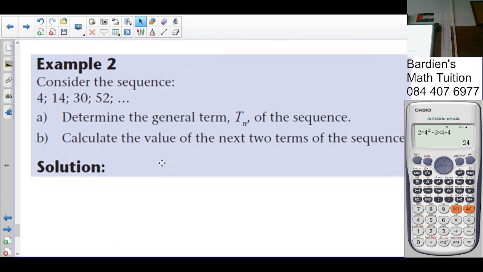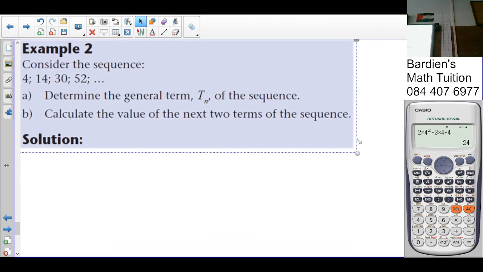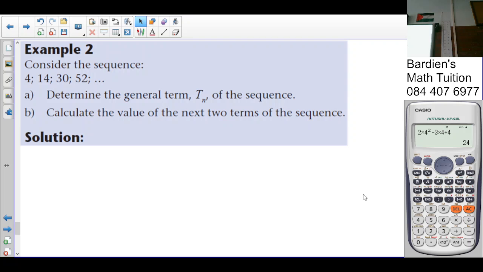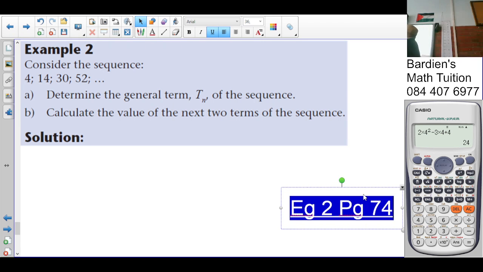Here's example 2. Example 2 is on page 74.